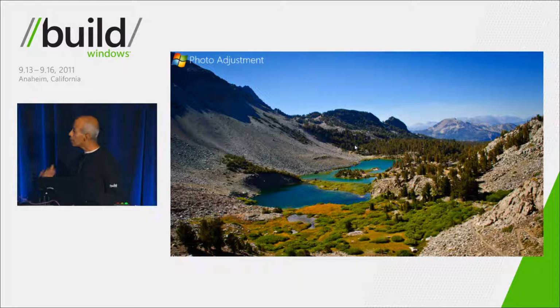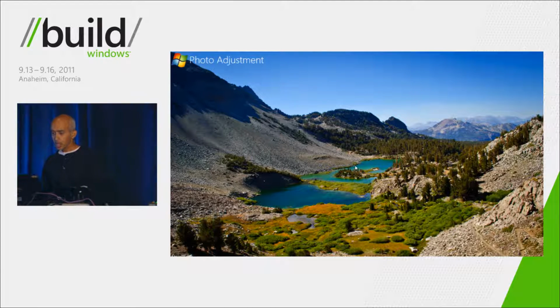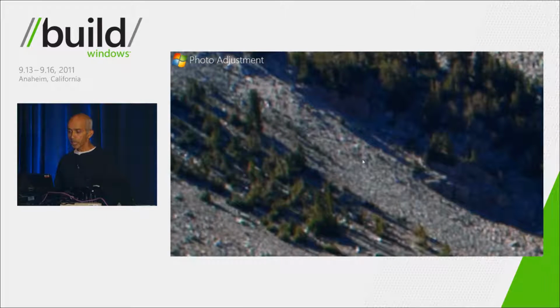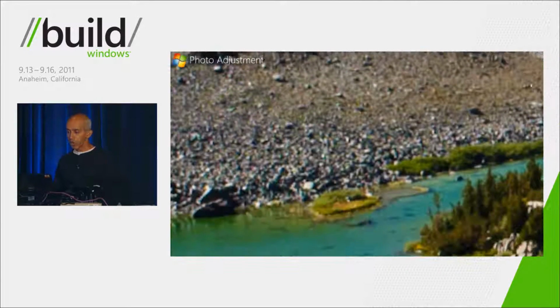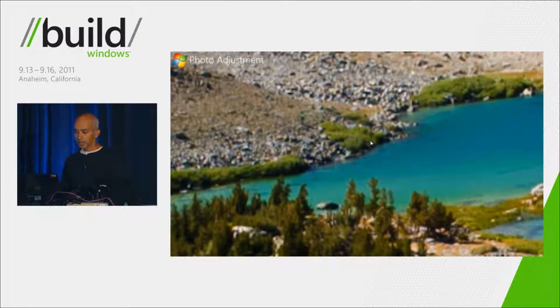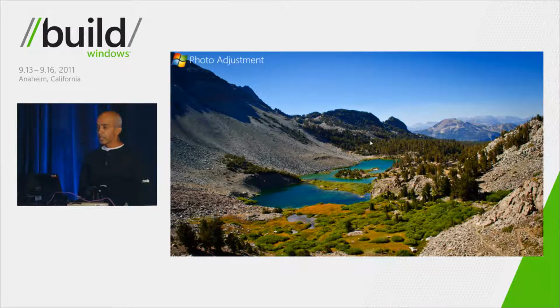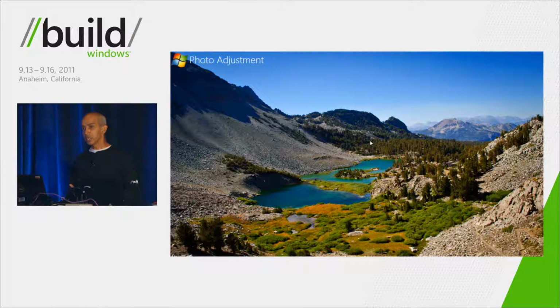I'm displaying a 9.5 megapixel image, which is a typical size for an image that comes from a high-quality digital camera these days. So notice how I'm able to quickly zoom in and then pan around smoothly. This is something every photo application likes to support, and Direct2D helps accomplish this efficiently.